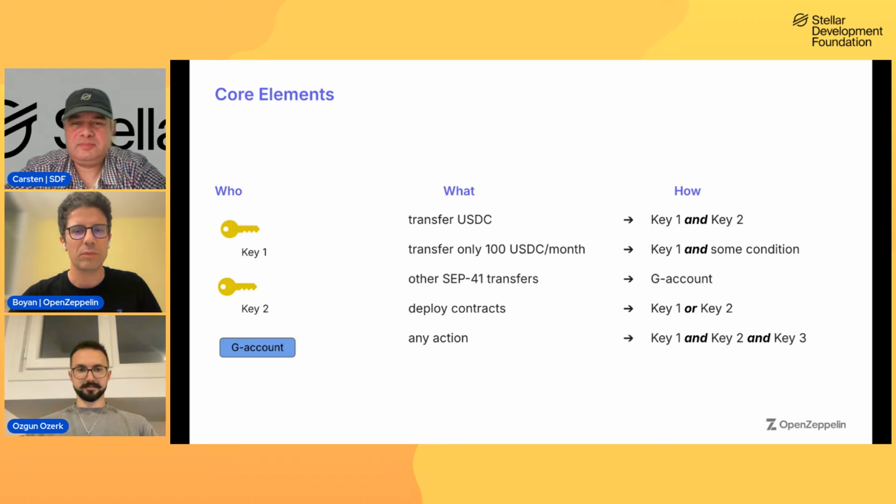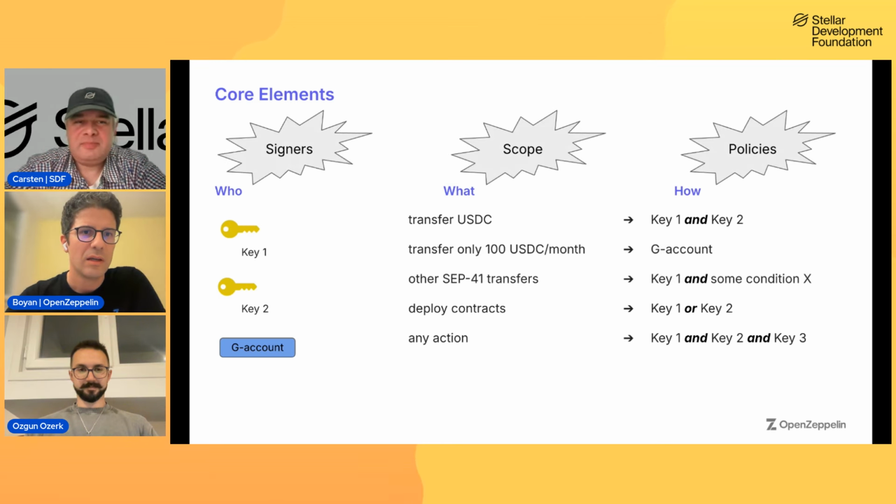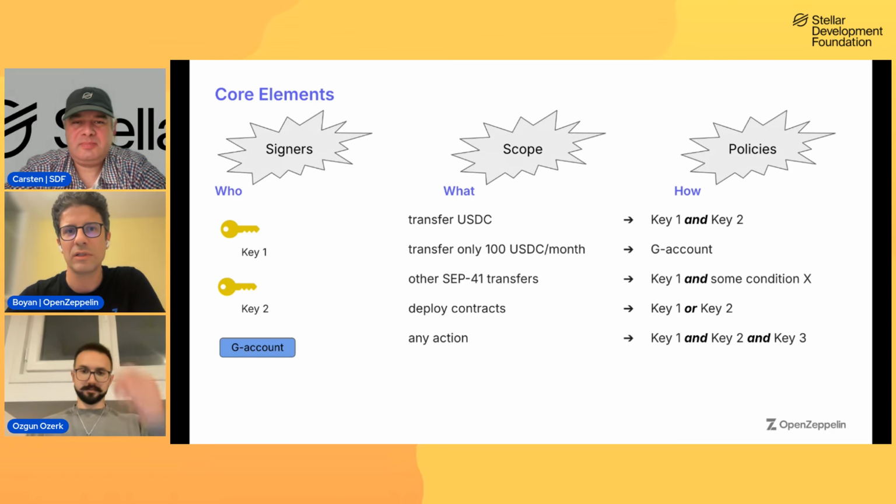Also, many different combinations are possible. It could be key 1 and key 2, key 1 or key 2, key 1 and some other conditions that are not derived from a cryptographic scheme. And to give names to those groups, who is for signers, what is the scope, and how is for the policies.